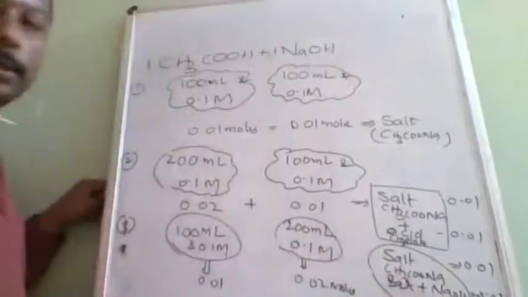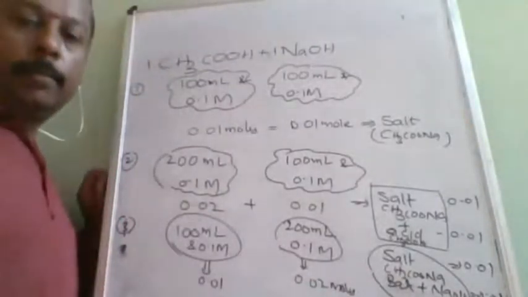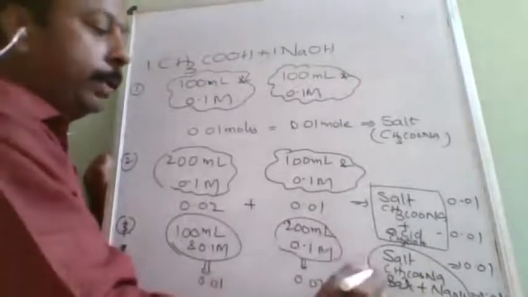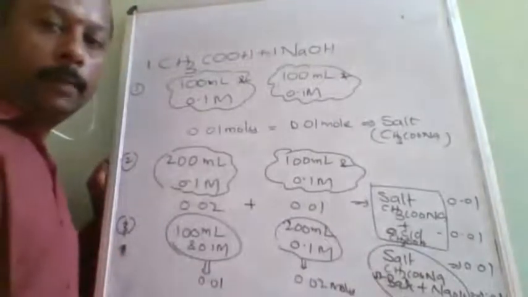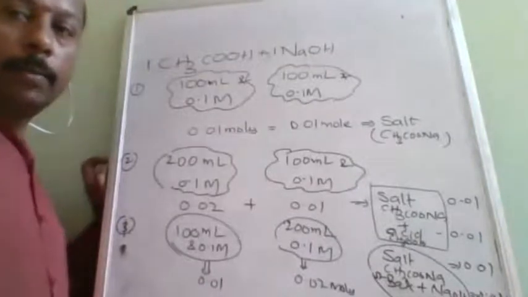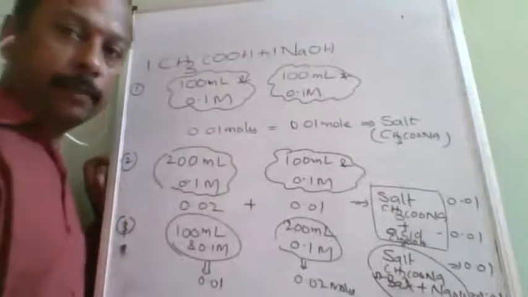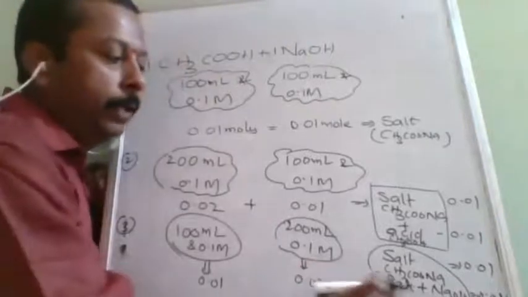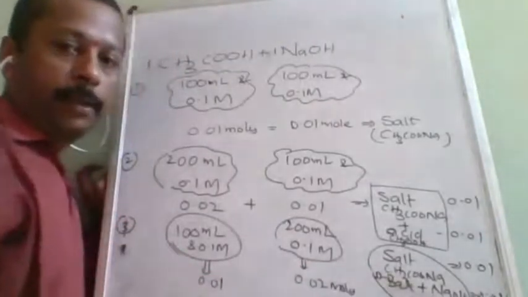Salt and strong base cannot make a buffer. Here one condition is satisfied, mixing, but the other condition is not satisfied: one of them must be weak. If it were a weak base, then it could have been a buffer.